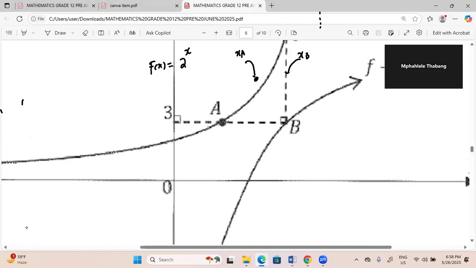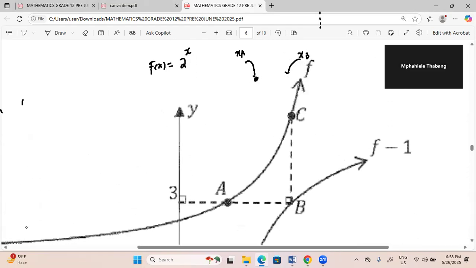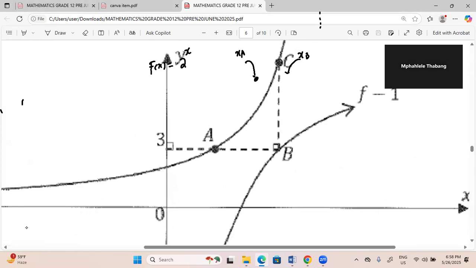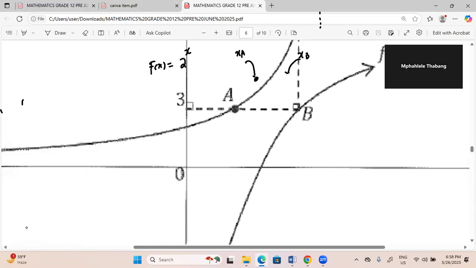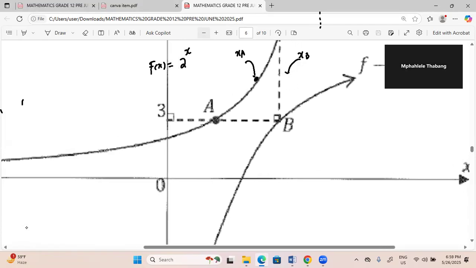It's 3, right? Oh yeah, it's 3. But guys, I think the approach is correct. You just have to find x at A and x at B, and you take x at B and subtract x at A.